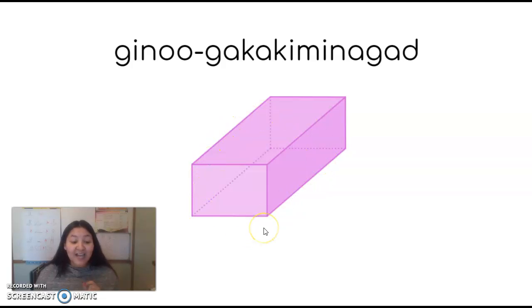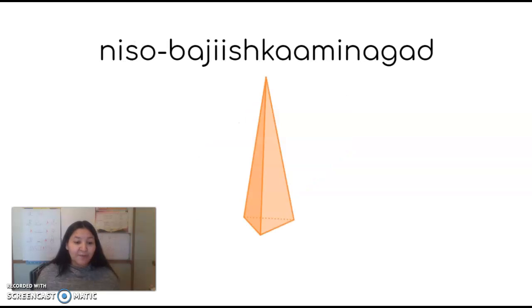This makes it a rectangular prism. You'll kind of see that this shape, a rectangular prism, kind of relates to most candy bars. Most candy bars are genu gaka keminagad. They're rectangular prisms. We have much time, and let's go on to our next one.